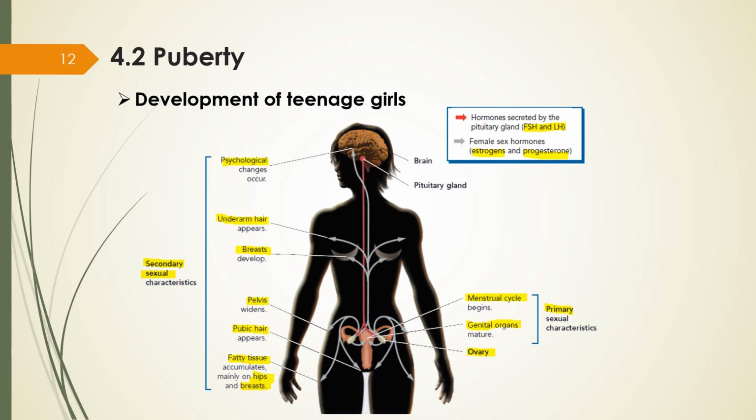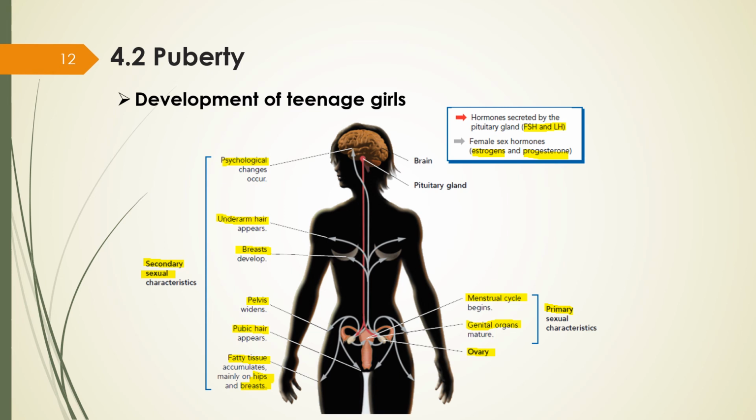So for girls, the primary sexual characteristics start when the menstrual cycle begins, and it makes the genital organs, or the ovaries, mature. It also liberates the female sex hormones. What are they? Estrogen and progesterone. When these hormones are liberated, we develop the secondary sexual characteristics. What are they?